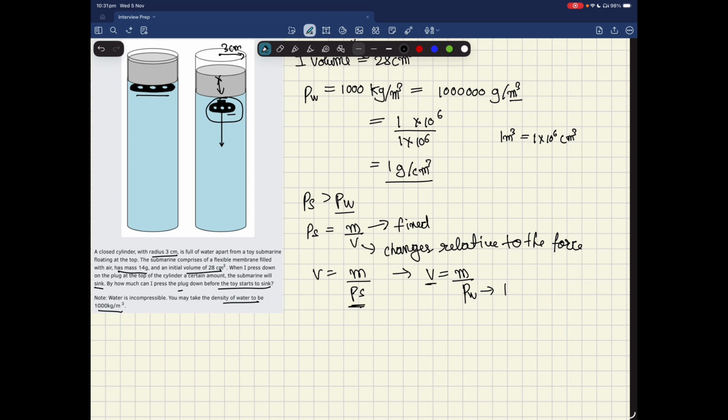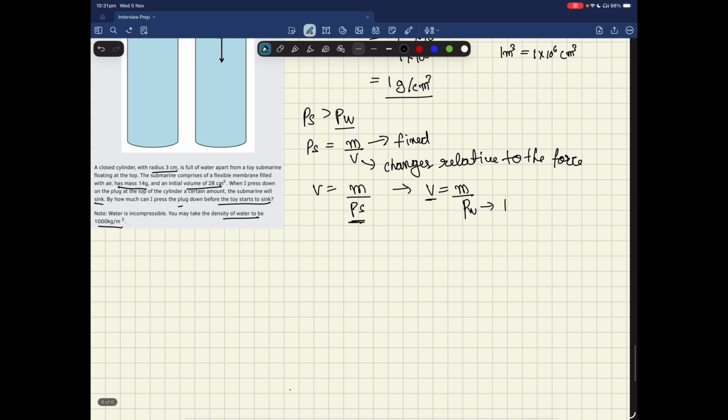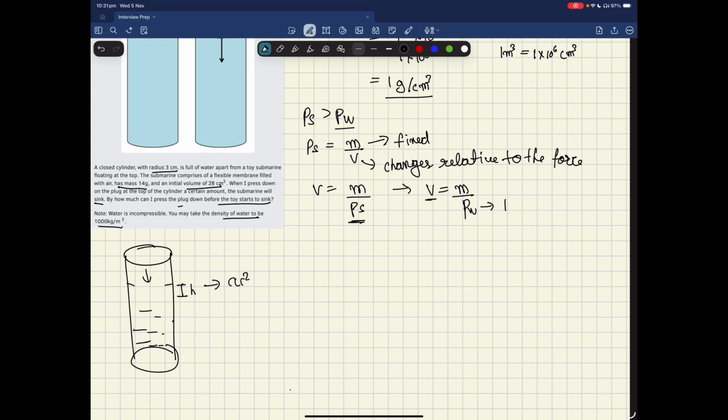Right. Now for the change in volume, if I draw another cylinder and there's water all the way there, suppose something compressible on the top or any kind of thing, so every time I exert a force downwards, the height of the water would change by a small amount h, and the volume of this part of the water that has been compressed would be pi r squared h.